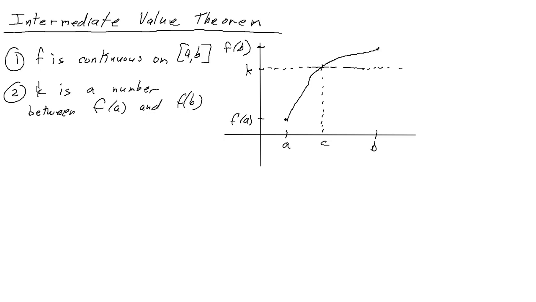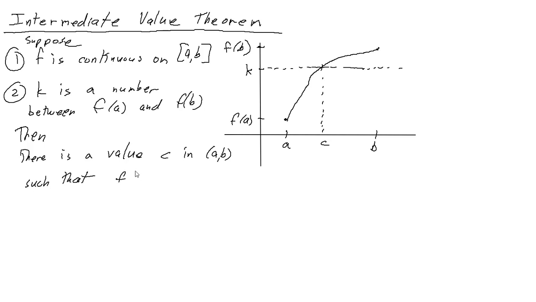So these are the two conditions. Suppose both of these are true. Then our conclusion would be there is a value c in the open interval a, b such that f of c is equal to k.